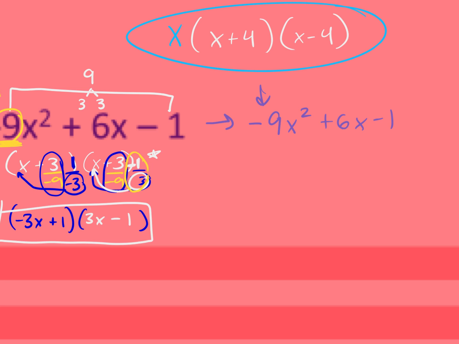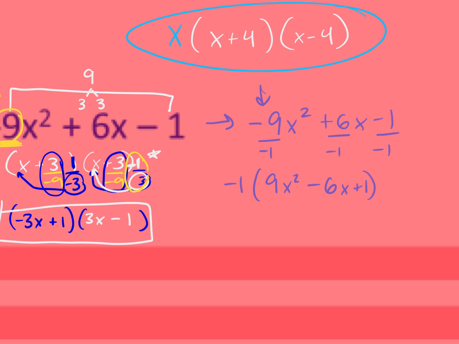What would make this negative 9 positive? What could my GCF be? Negative 1. Let's take out a negative 1. And then I'm left with 9x squared minus 6x plus 1.